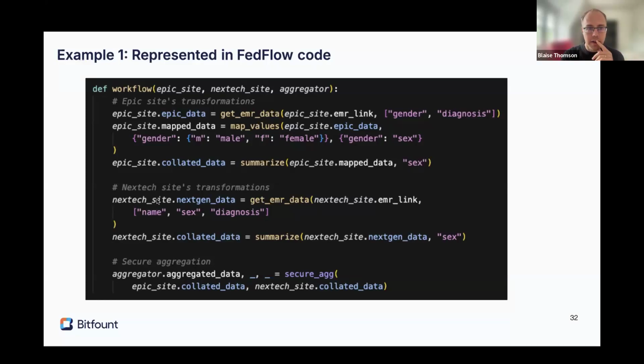Then on the other EMR side, let's say Nextech, we extract sex and diagnosis. Let's imagine that this is already in the form we wanted, so we don't need to do any transformation, but we still need to summarize it. Then we define this aggregator data output as a secure aggregation from those other two.